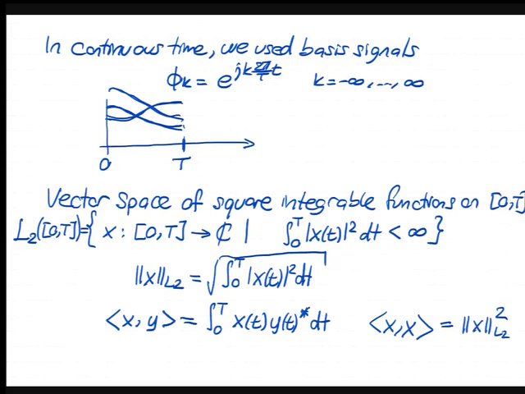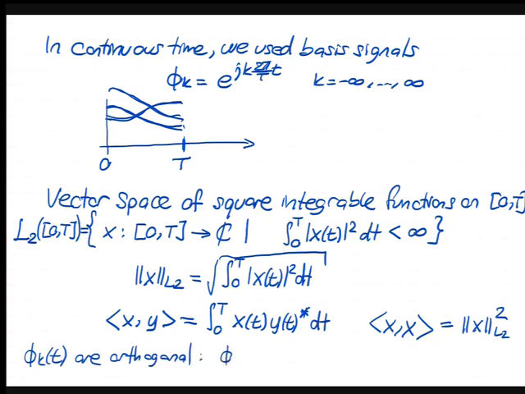So it turns out in this space, all those phi k(t) functions are orthogonal to each other. And that is a result of the following fact.